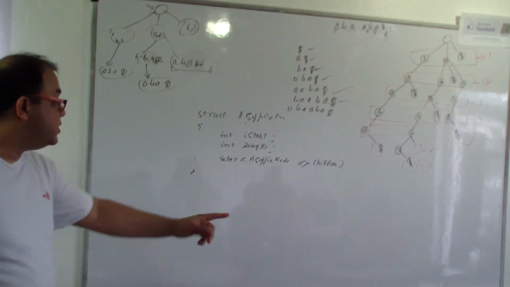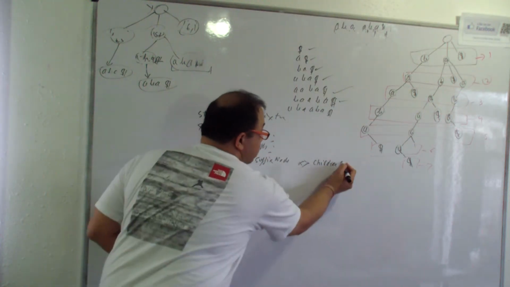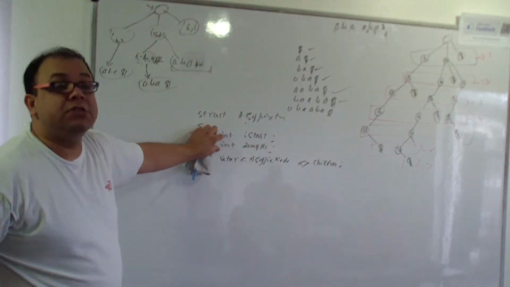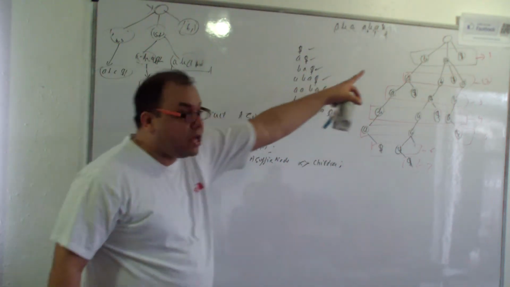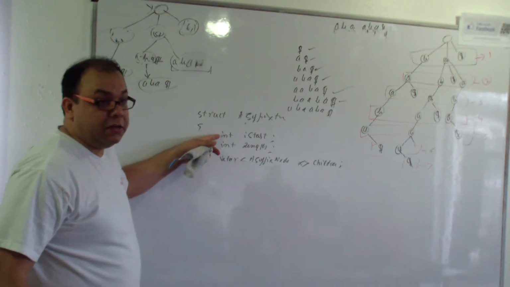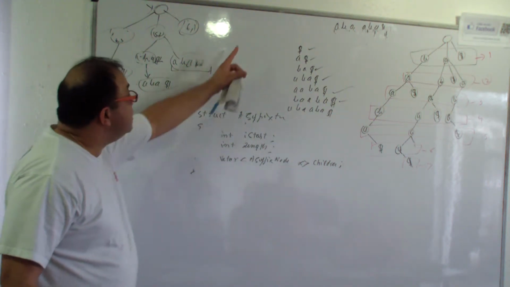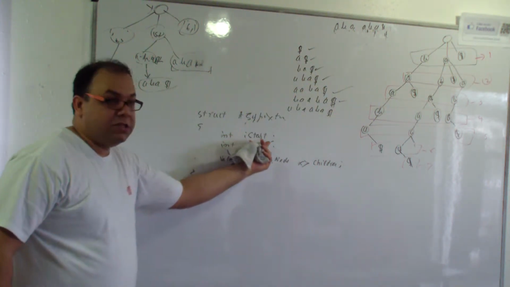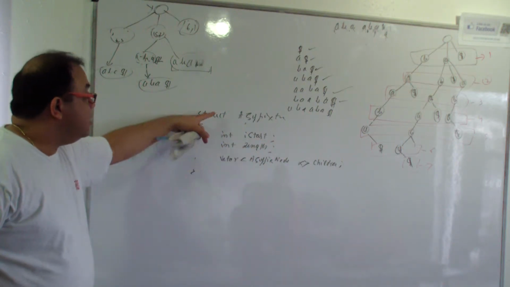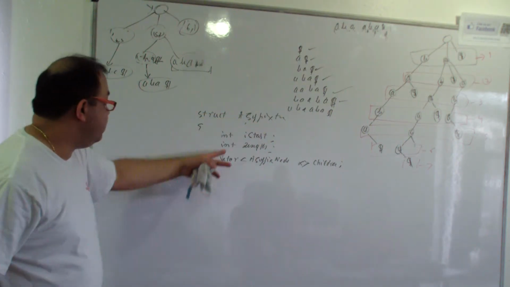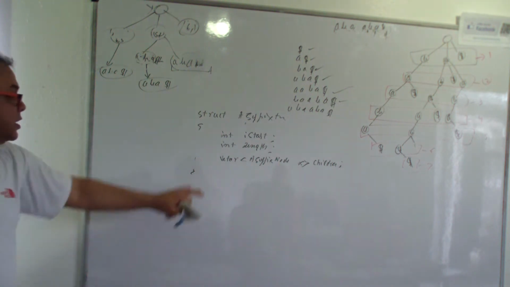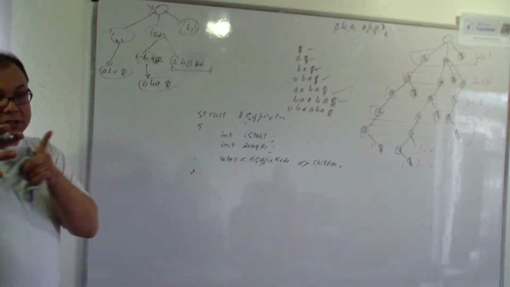So in tries we will have a character, in a suffix tree we will have a string, and in the modified suffix tree we will have an integer start and integer length. This will take much smaller space than the entire string.